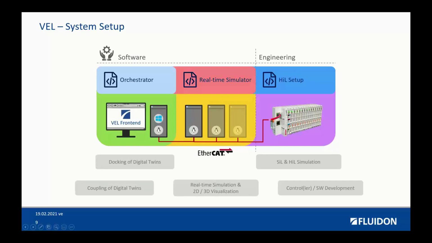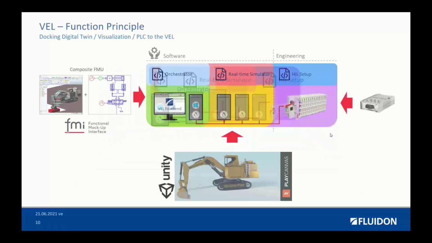Orchestrator, real-time simulator, and hardware in the loop setup can exchange data quite fast by using the EtherCAT bus, which is a real-time capable bus. And of course, you can do visualization of the digital twin real-time data in 2D or in 3D.